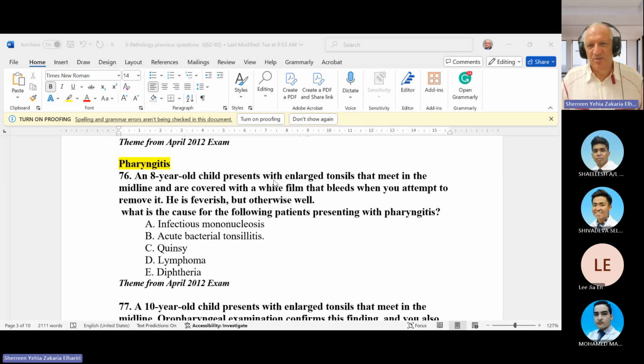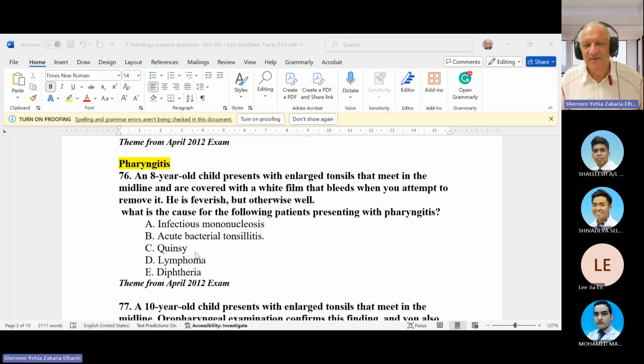So what is your diagnosis? Think simple, easy. Bacterial tonsillitis. Yeah, it is tonsillitis.